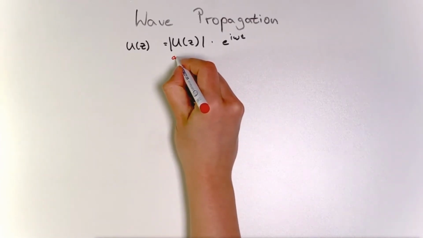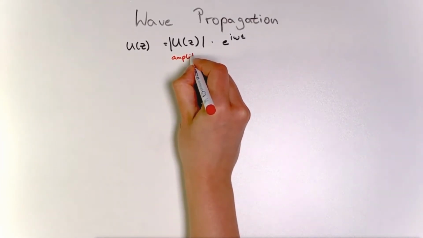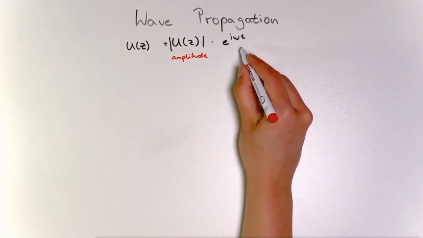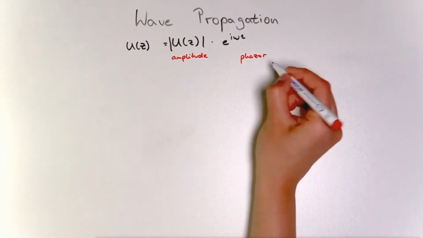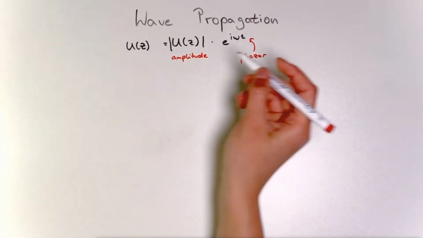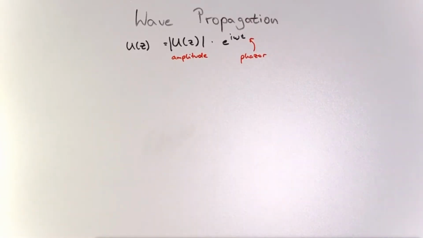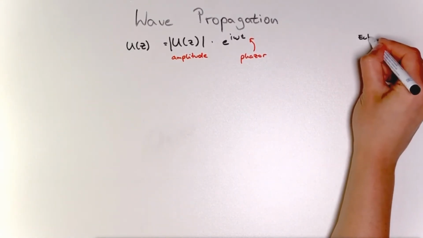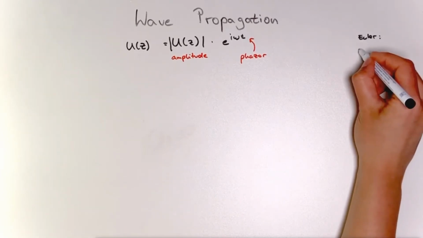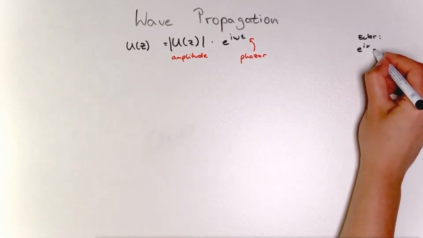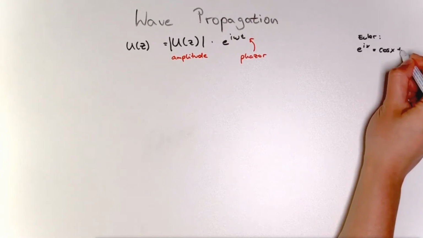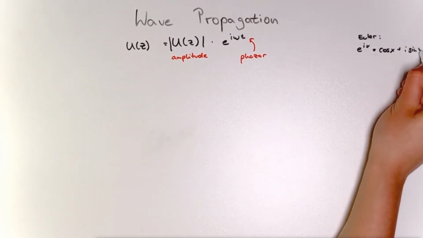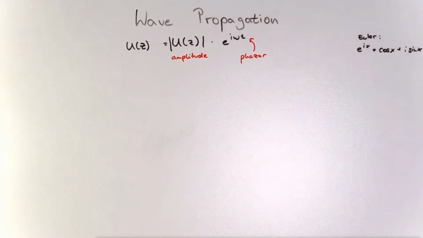We have here the amplitude term in the beginning, and then in the back we have the phase information. Just as a reminder, when you think of these waves, it's always a sine wave. I will write down Euler's equation just as a reminder how we transfer the exponential form into cosine and sine waves in the complex form. Here it is with x, just as an example.